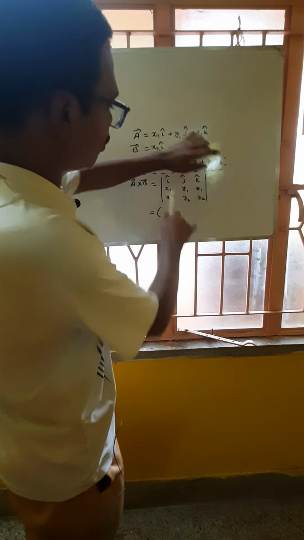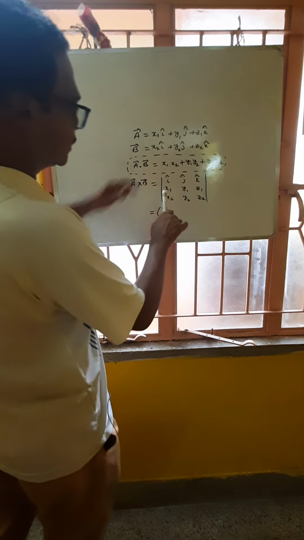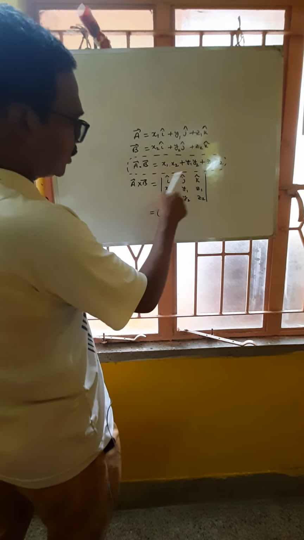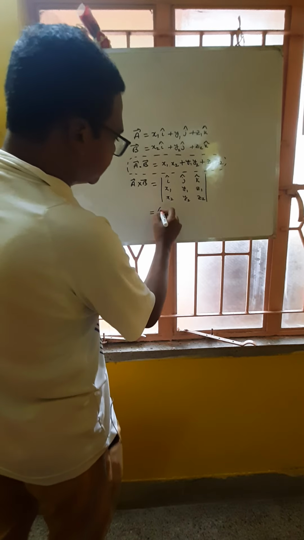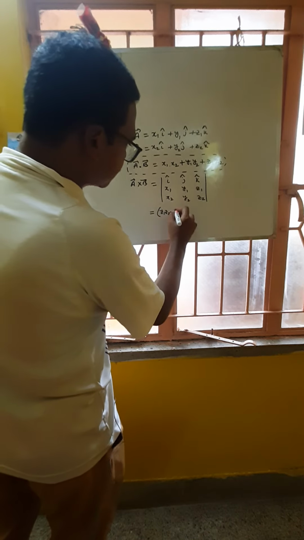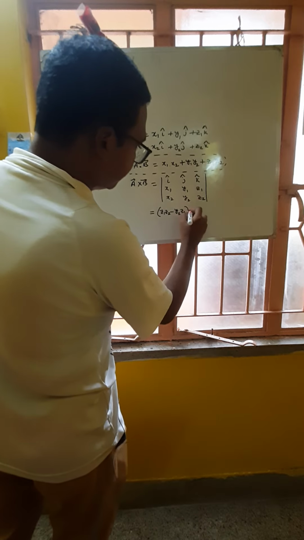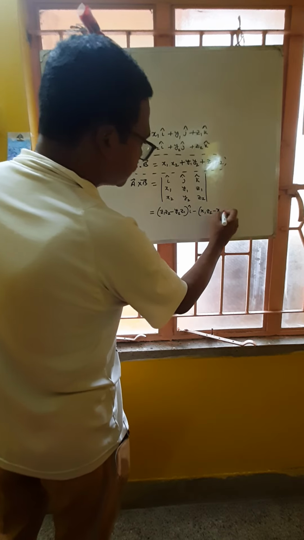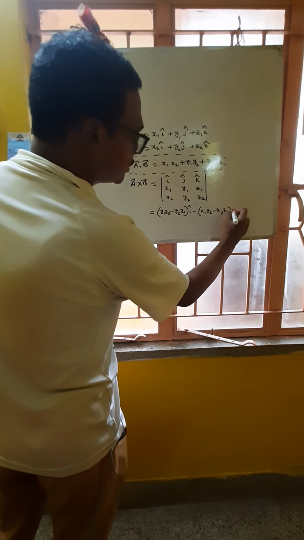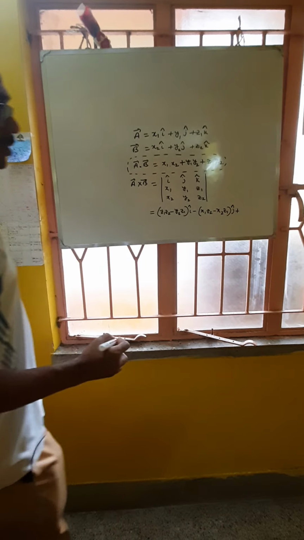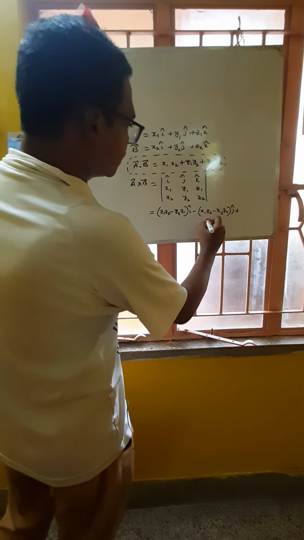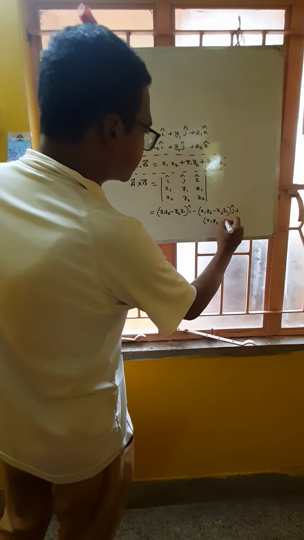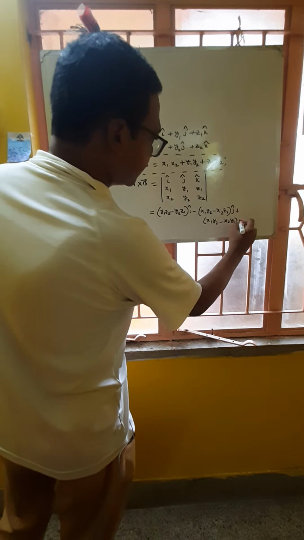So just suppress the row and column of the term you are using. Suppose you are using i there, so the column and row of i is suppressed. Then you have (y1 z2 minus y2 z1) i minus (x1 z2 minus x2 z1) j plus (x1 y2 minus x2 y1) k, right?